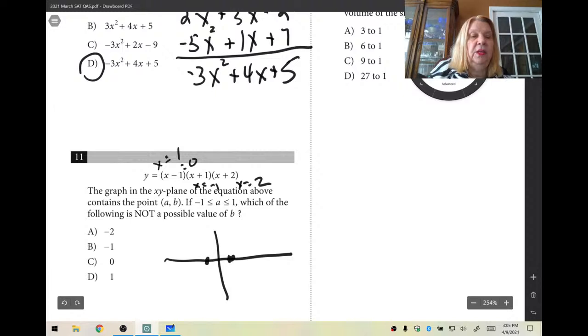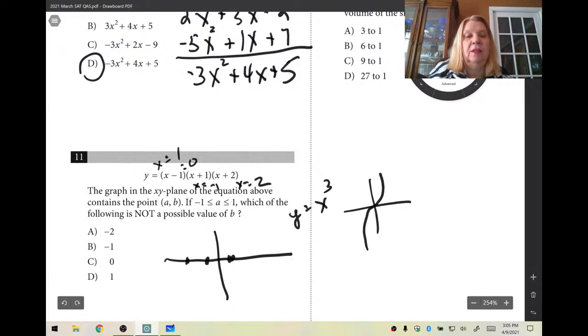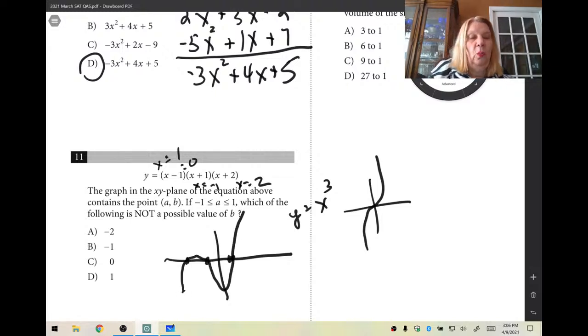So if we plot these 3 points, and we know it's an odd number, so it's y equals x cubed, which graphs sort of like this. So we know our graph looks like this, sort of, with only one end up. And then we can sort of see what's not a possible value of B, which is the y value.